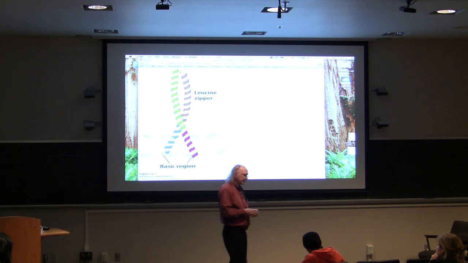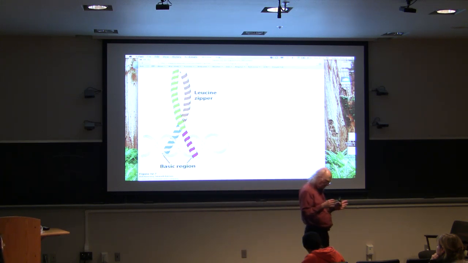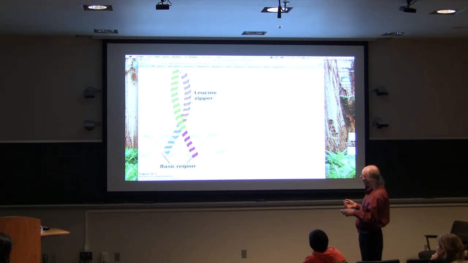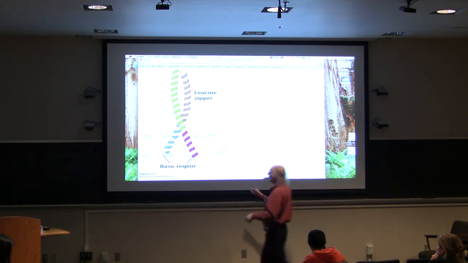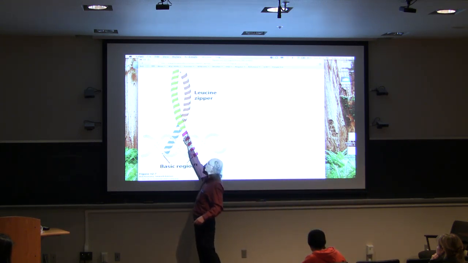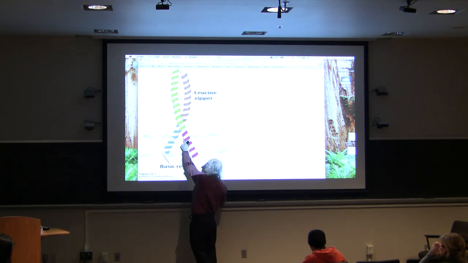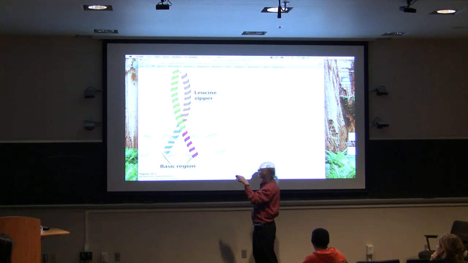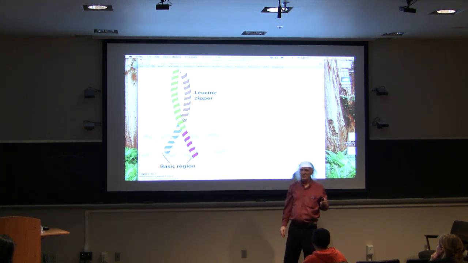The zipper part of it is the fact that if we were to go along this helix on the left, the one in yellow and red, every time we went through a full turn, going from here all the way over to here, we would see sticking out of there a leucine.